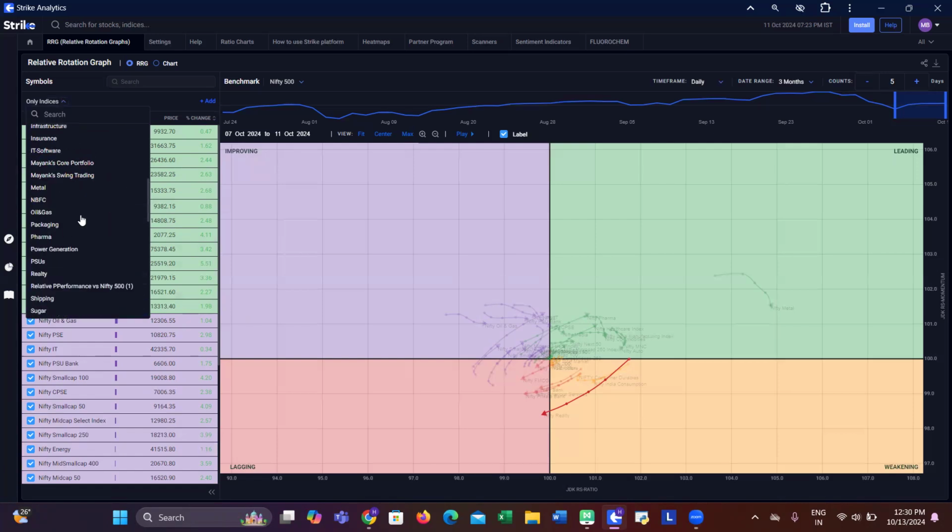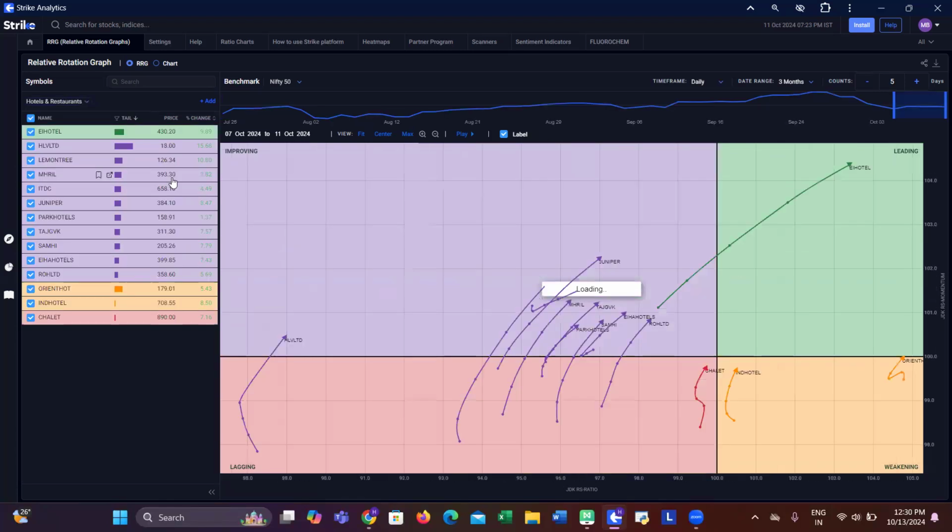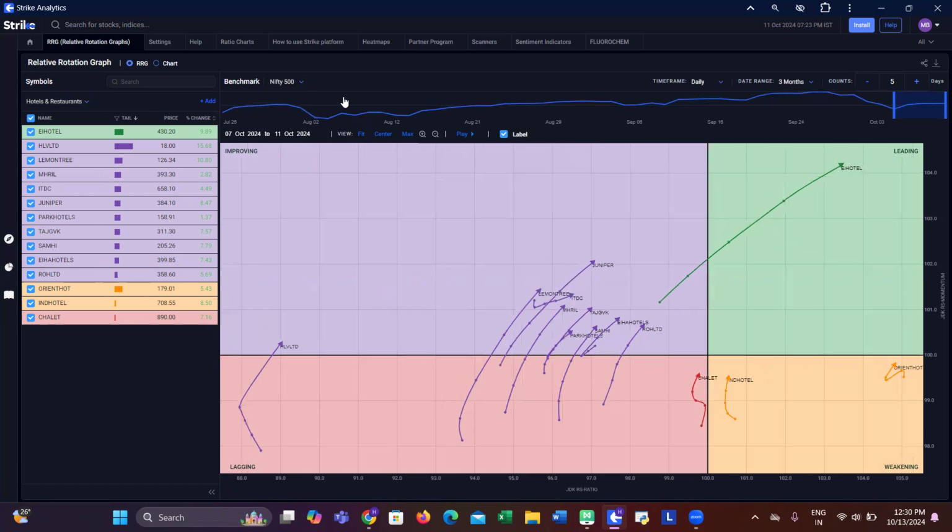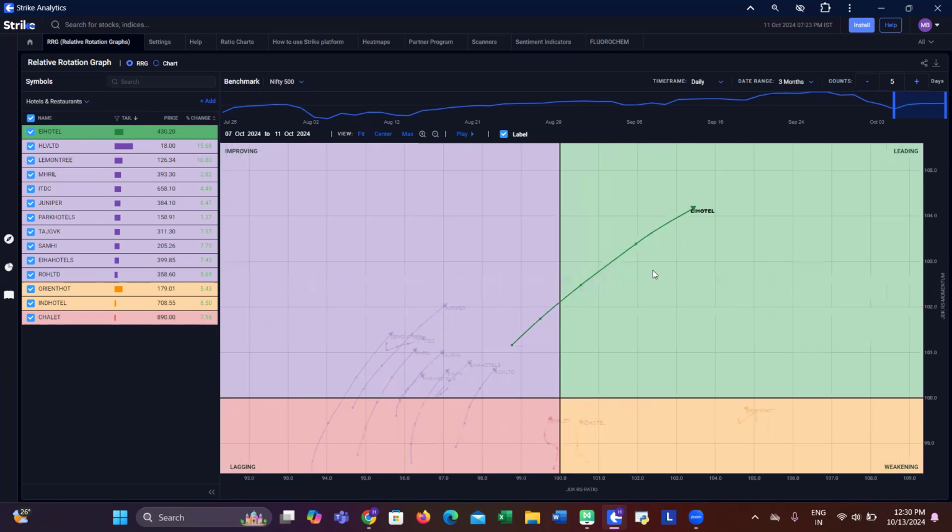Now, somebody asked me about hotels. I believe some of you have asked for EIH Hotels as well as for Sami Hotels. So for the last 5 days, if I just change to Nifty 500, EIH Hotels has shown a significant improvement in the RS momentum.